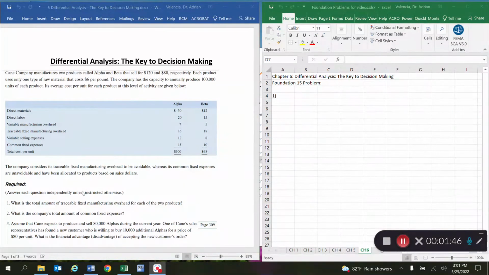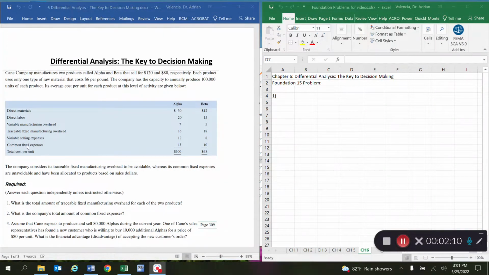All right, the company considers its traceable fixed manufacturing overhead to be avoidable. So this fixed manufacturing amount can be avoided if we do not produce that item. Normally your fixed items are unavoidable, and this is what they're referring to here with the common fixed items.